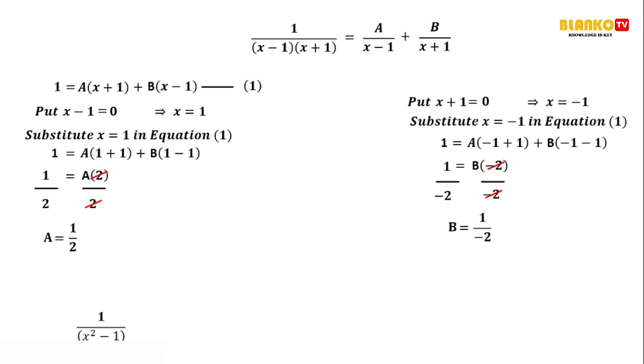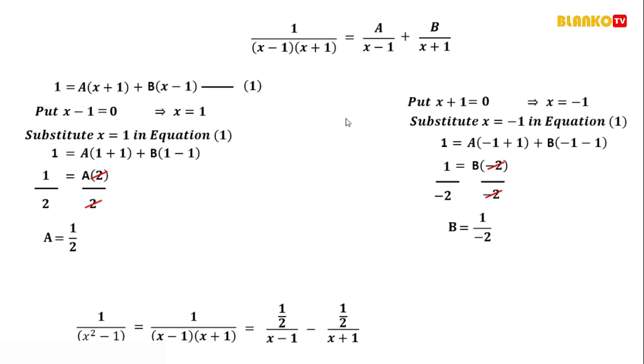Therefore 1 over (x² − 1), which is equal to 1 over (x − 1)(x + 1), is equal to (1/2) over (x − 1) minus (1/2) over (x + 1). So A is 1 over 2, and B is 1 over negative 2, so minus 1 over 2.